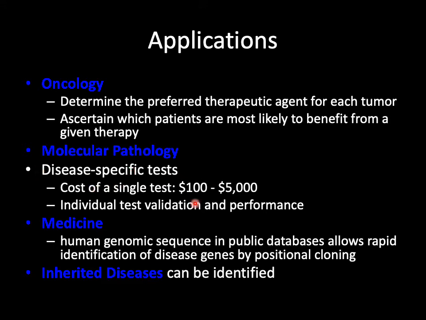The cost of a single test is anything between $100 to $5,000. We can have individual test validation and performance, as well as for medicine. Human genomic sequence in the public databases allows rapid identification of disease genes by positional cloning, and also inherited diseases can be identified.